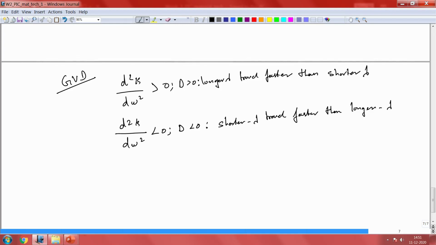You can have a broadening of a pulse, and you can also have narrowing of a pulse, which is very handy in some of the interesting optical signal processing experiments and functionality, but you have to make sure that you achieve positive and negative group velocity dispersion. So that is very important.